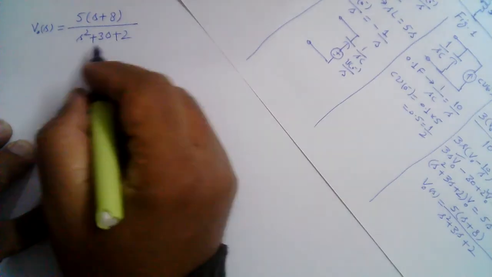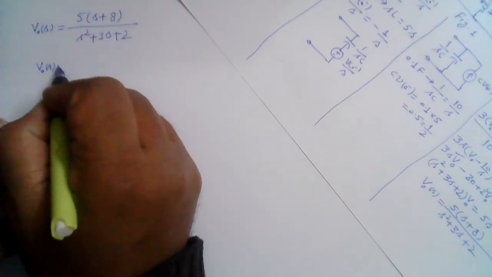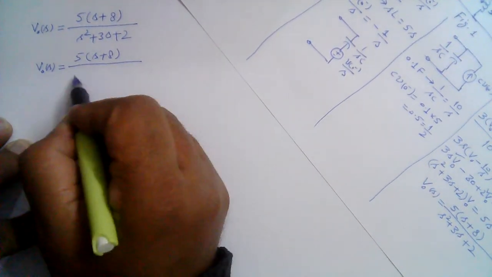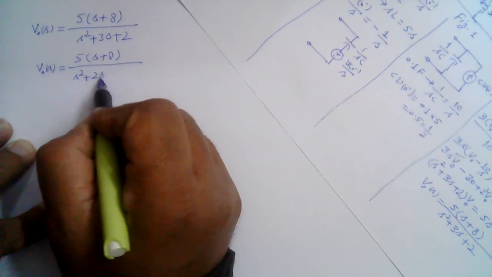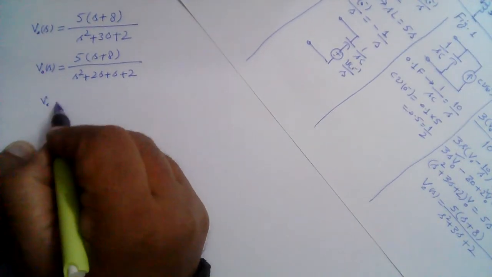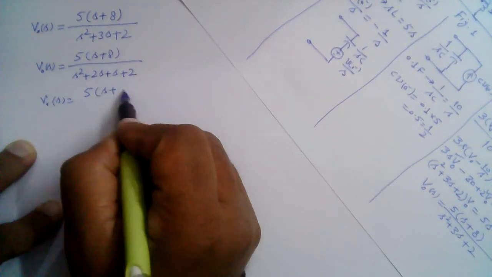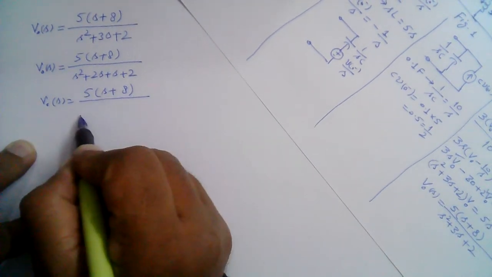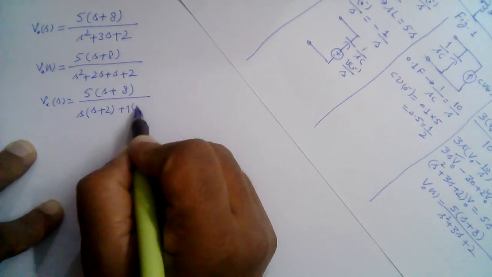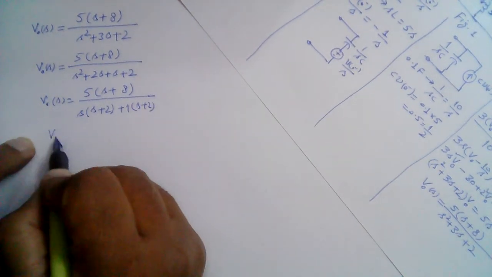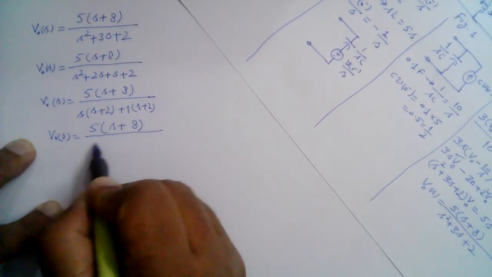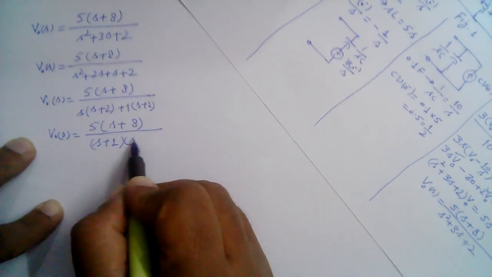So we can factorize this: s square plus 2s plus s plus 2. So v naught s is equal to 5 into s plus 8 divided by s into s plus 2 plus 1 into s plus 2. So v naught s becomes 5 into s plus 8 over s plus 1 into s plus 2.